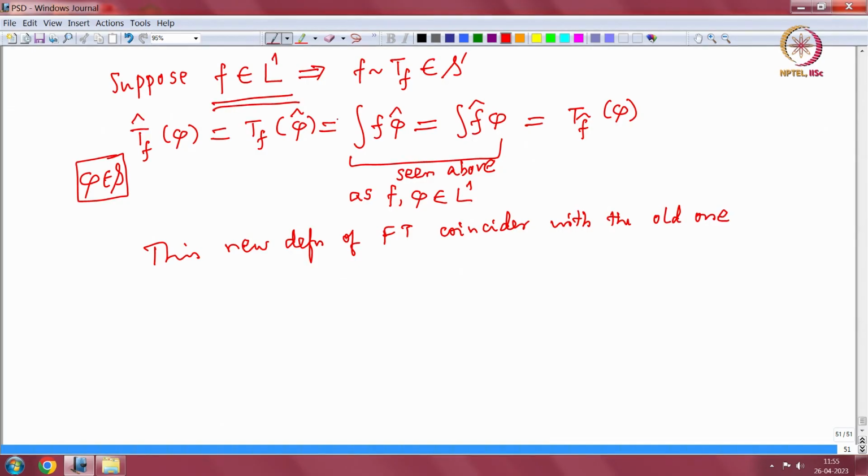Okay. So, for L2 functions we still do not have this kind of thing, but we will argue in a slightly different way. Okay.